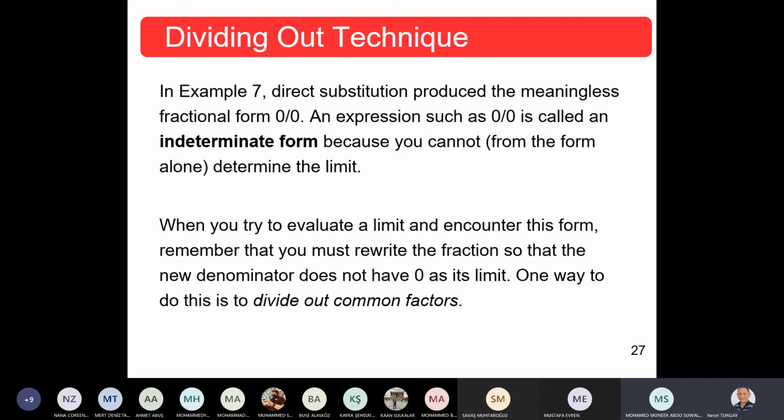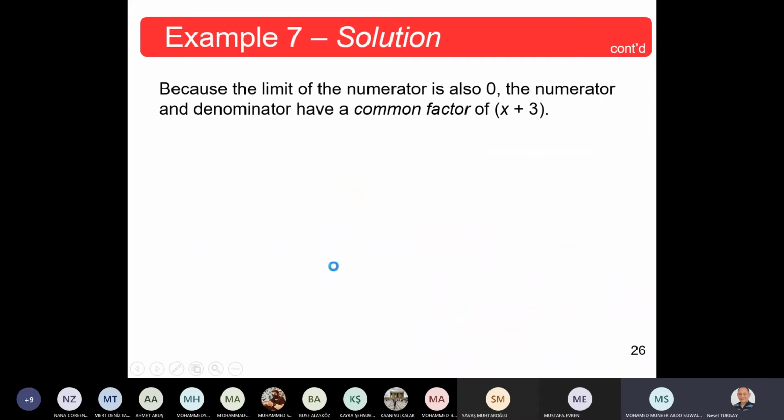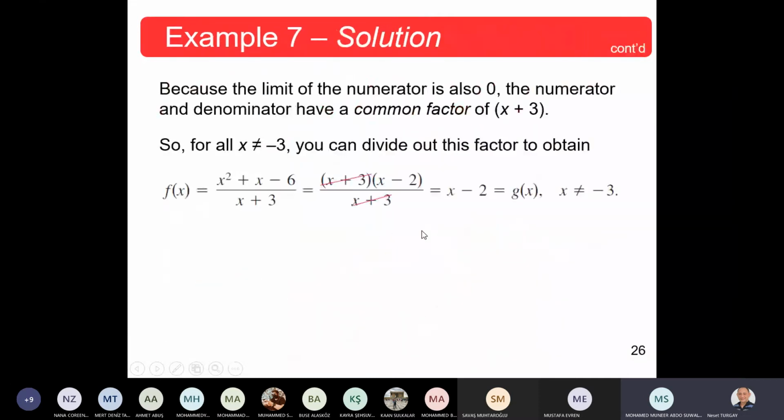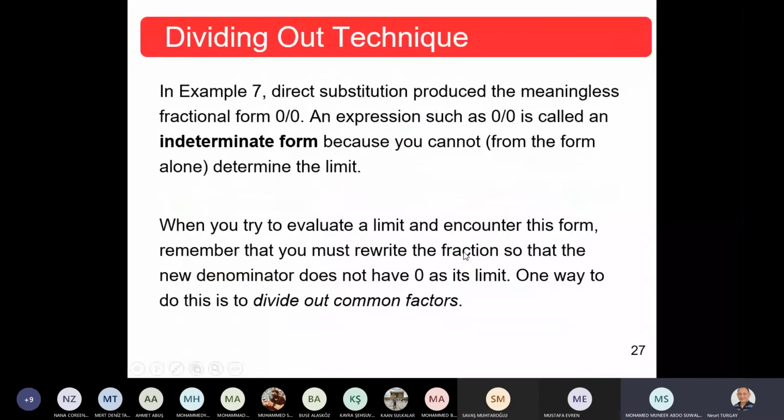One way to do this is to divide out common factors. This is what we did so far. So we divide out the common factors here and also in the other example. This is about dividing out.